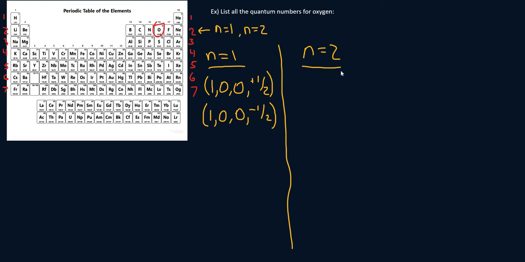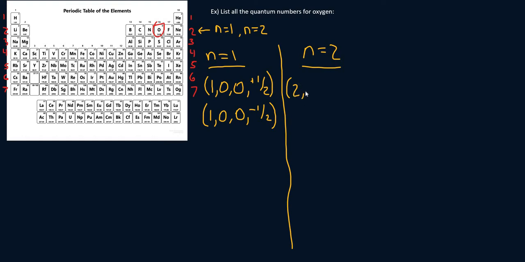So we're going to cover both L equals 0, and we're going to do L equals 1 for the second energy level. So for our first quantum number, I'm going to put 2, because that's what our n is now. Our n is equal to 2, so that's our first quantum number.